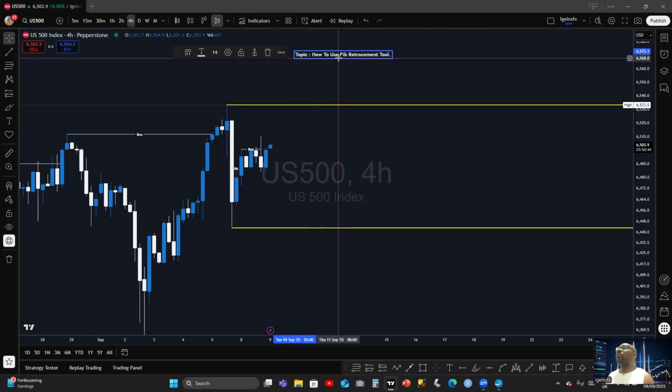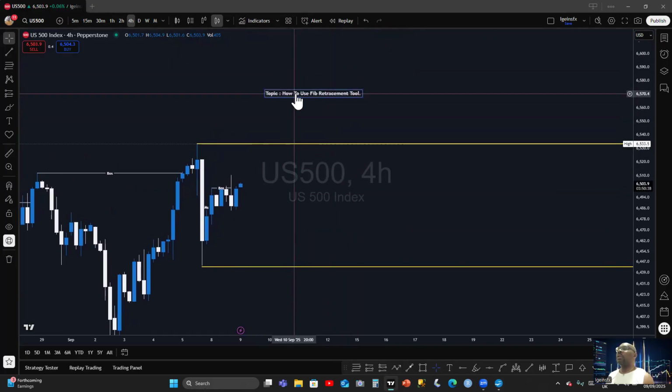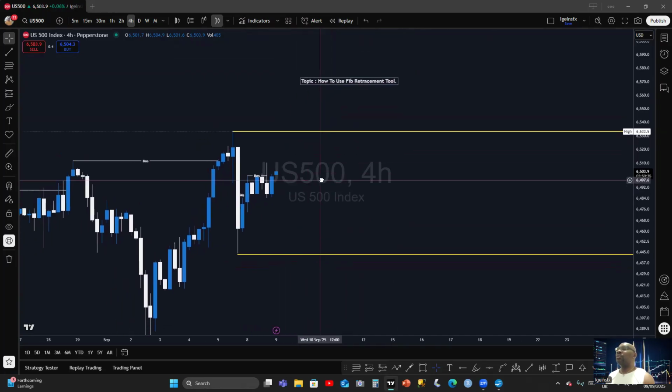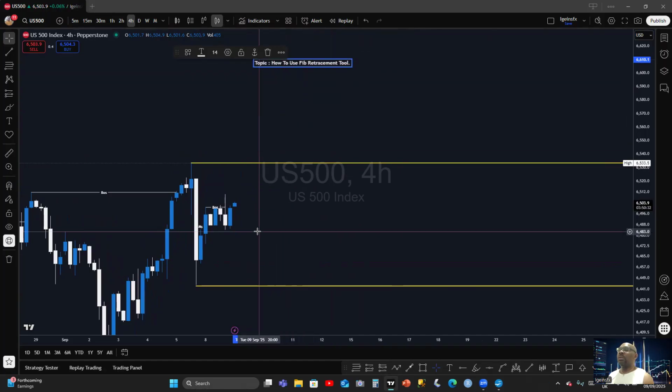To use the fib retracement tool, right? So it's very, very important that you know how to use this tool, all right?